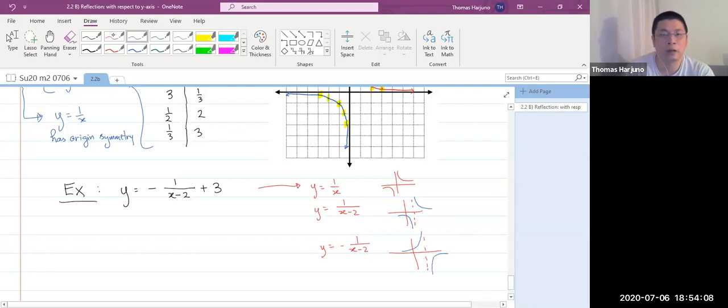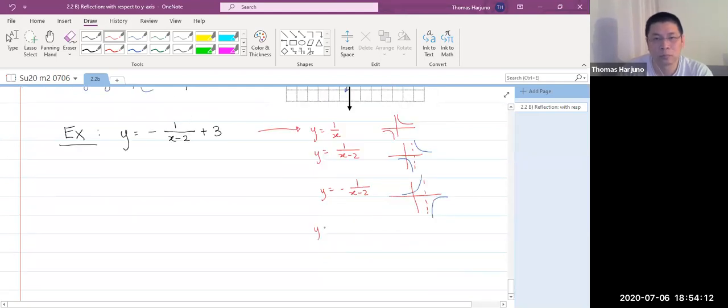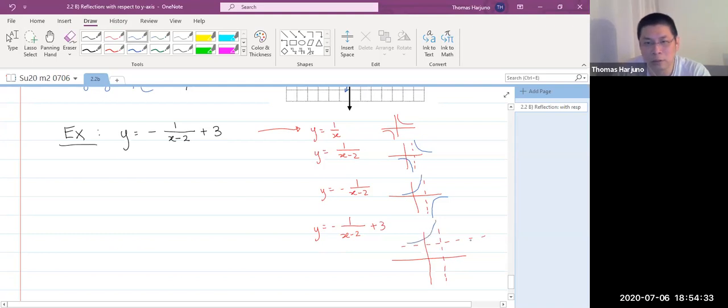Okay, and finally we move up 3 units. This is the coordinate system. Move 2 units to the right and move up 3 units. So the curve now becomes something that looks like this.